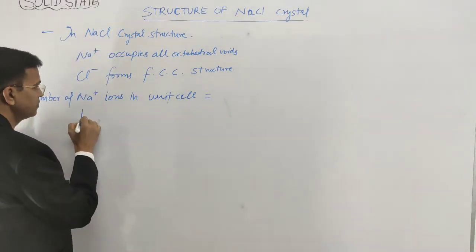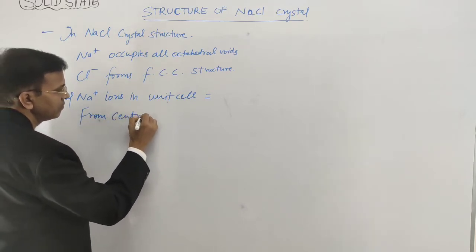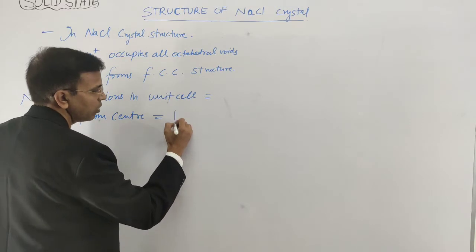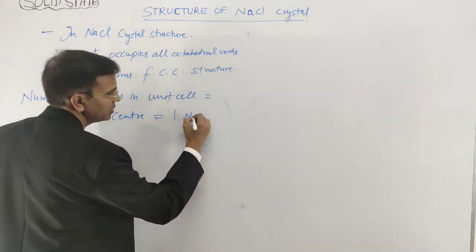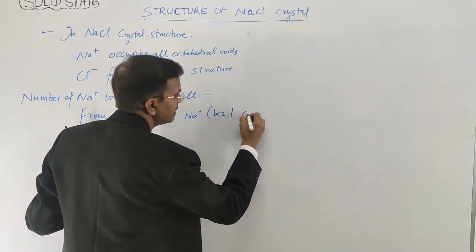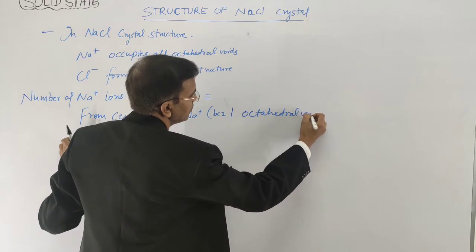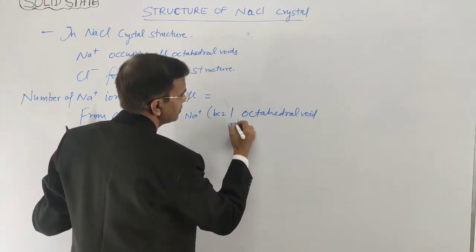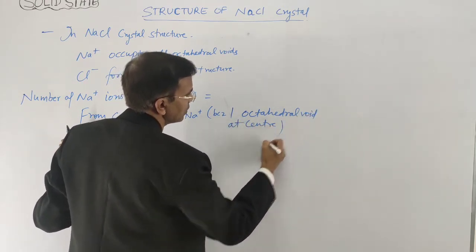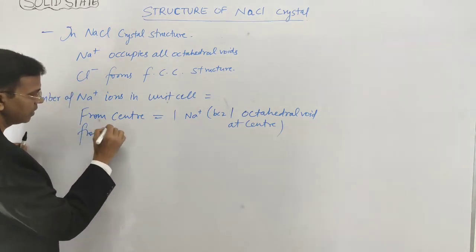So from the center, one octahedral void, so one Na positive, because one octahedral void is there at the center, right? And next is from edges.